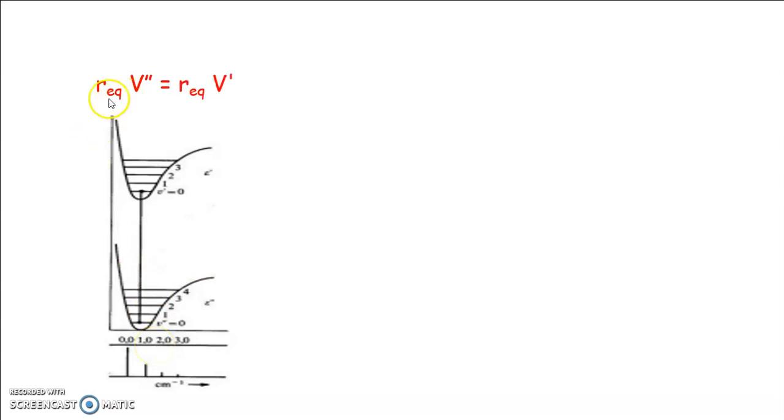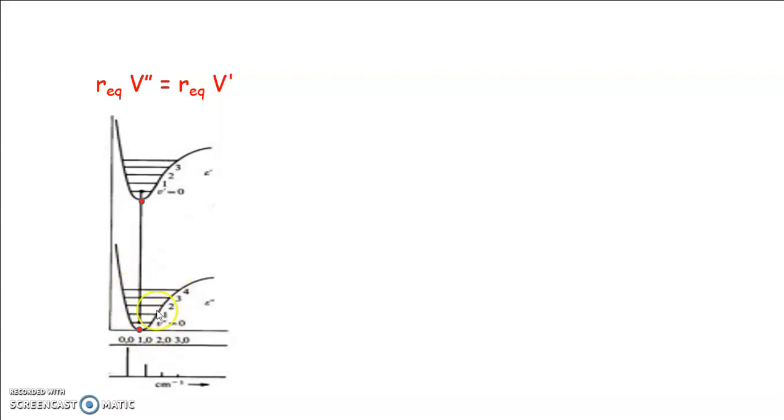First one is that the R equilibrium of V double prime, that is the ground state, is equal to the R equilibrium of V single prime. That is, the equilibrium internuclear distance of the ground state and the excited state are the same value.